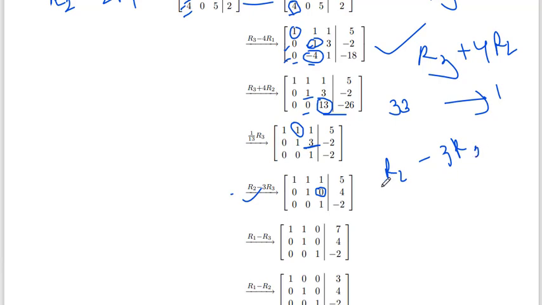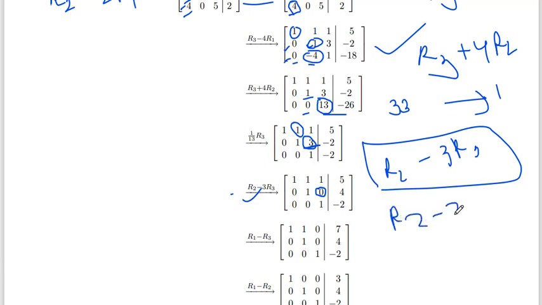If we want to transfer this into 0, we can also do the row operation like R2 minus 3 R1. We can take either, both are the same, we will get the answer 0.